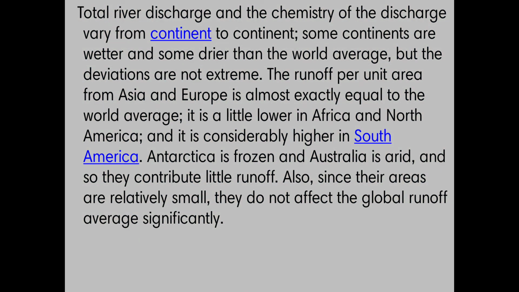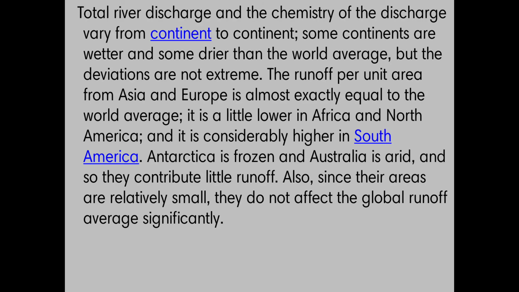Total river discharge and the chemistry of the discharge vary from continent to continent. Some continents are wetter and some drier than the world average. But the deviations are not extreme. The runoff per unit area from Asia and Europe is almost exactly equal to the world average.